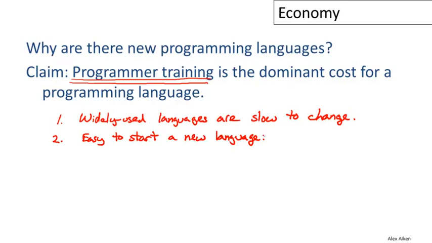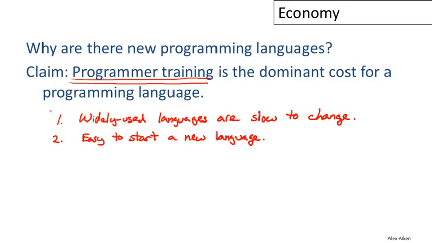And so there's essentially 0 training cost at the beginning. And then even when you have just a few users, the cost of teaching them the changes in the language is not very high. So new languages can evolve much more quickly. They can adapt much more quickly to changing situations. And it's just not very costly to experiment with a new language at all.